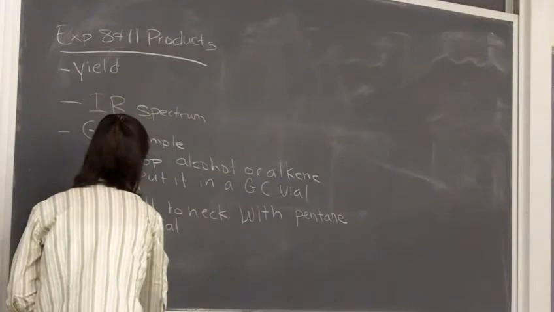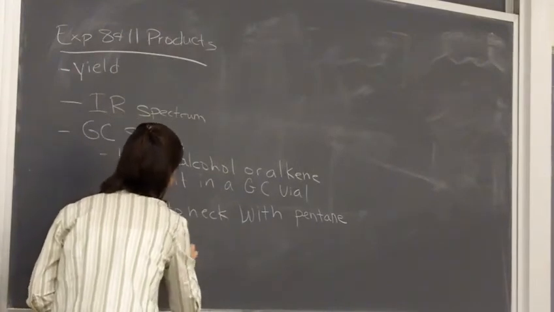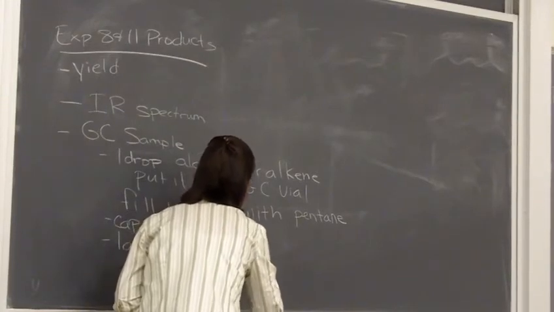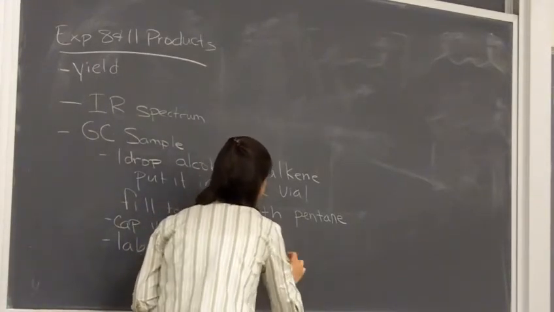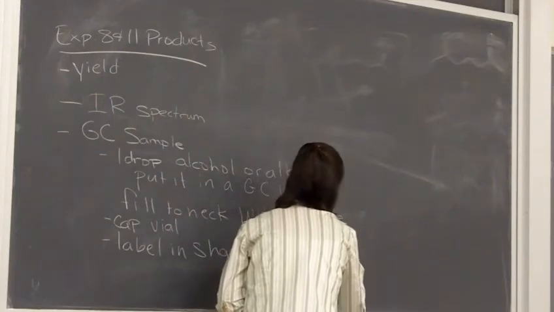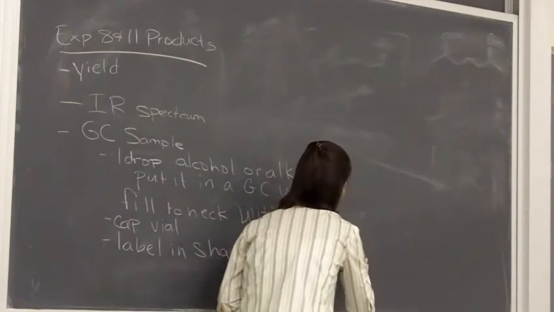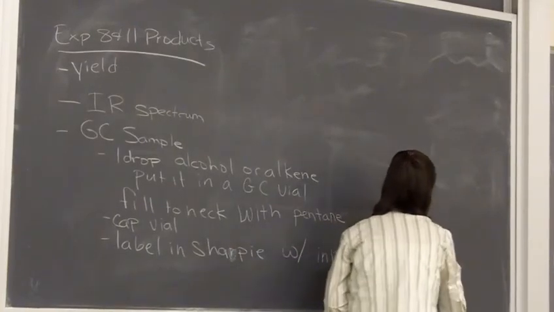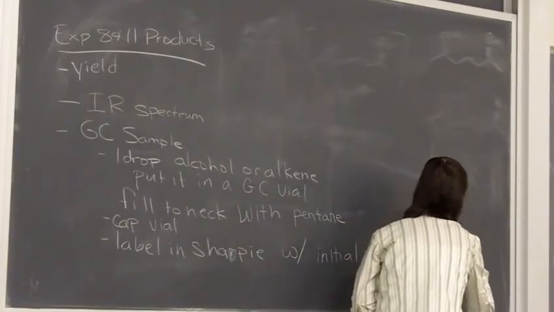Okay, then you're going to label in Sharpie with initials and notebook page. So similar to what you did with experiment 7, if you made that sample.